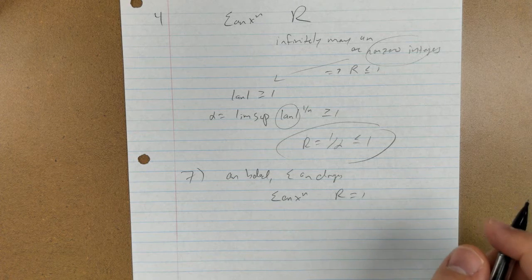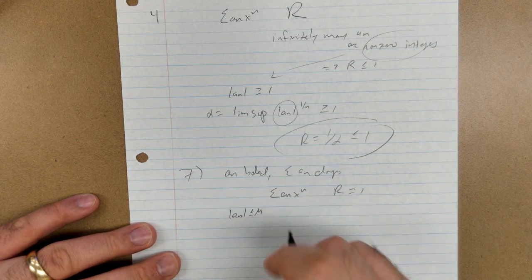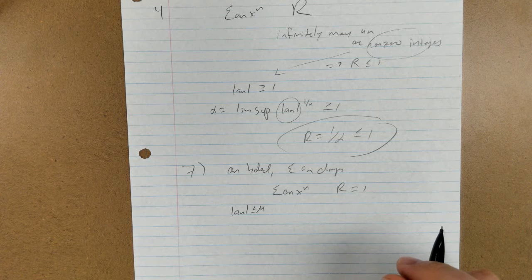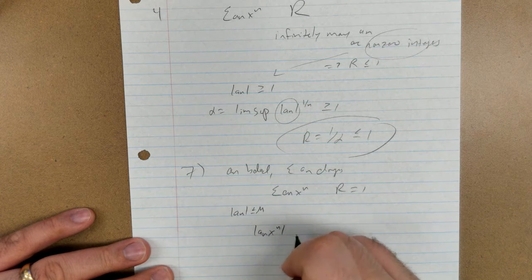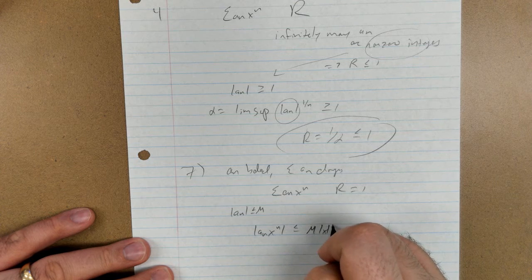Okay, well, because a_n is bounded, it has some sort of bound M, and that tells you that this kind of thing is less than or equal to M x^n, thinking about the comparison test.